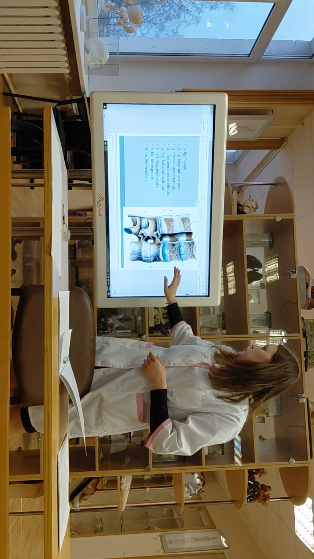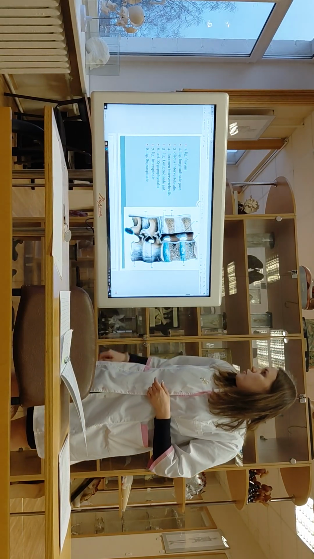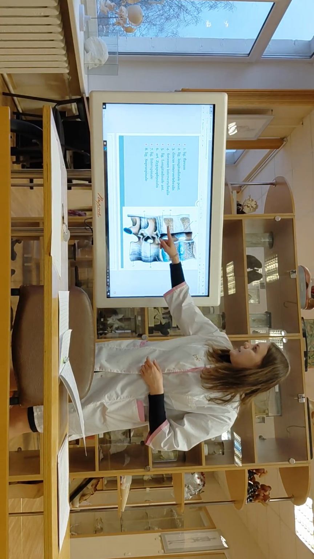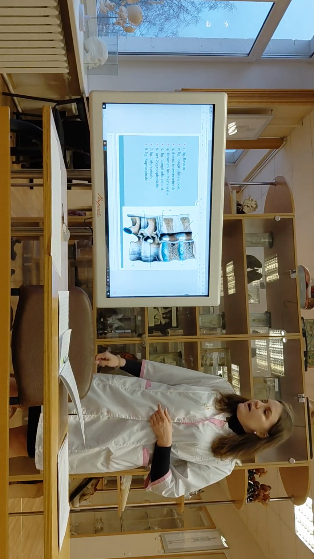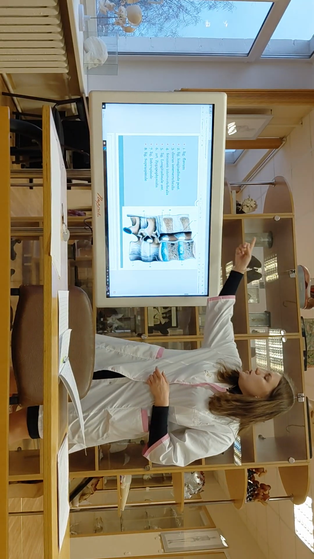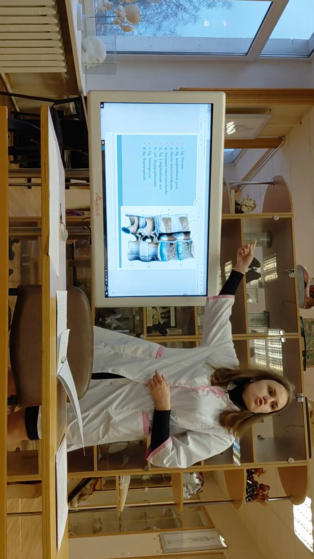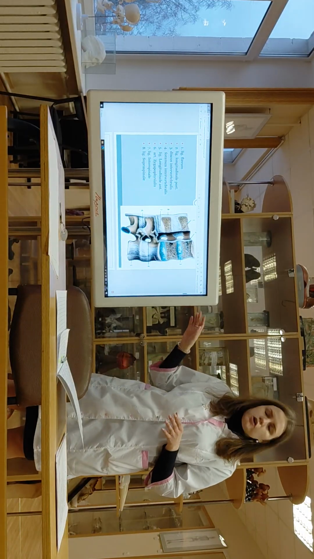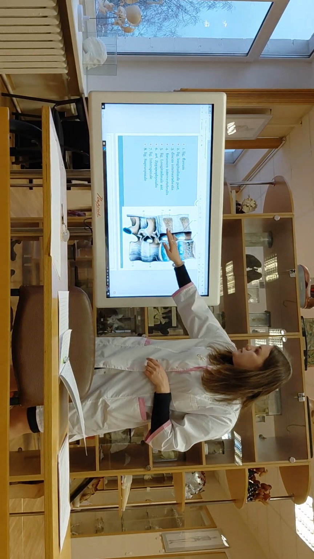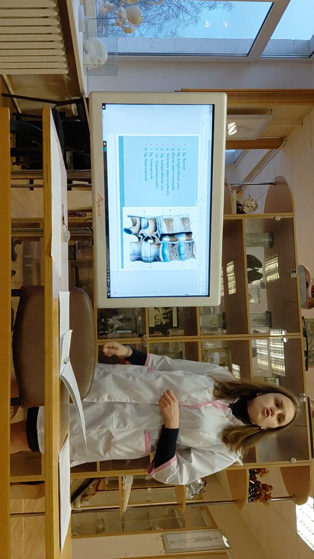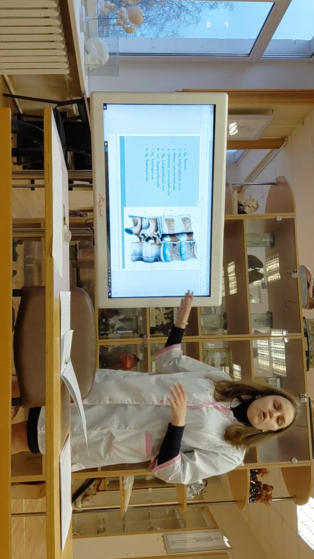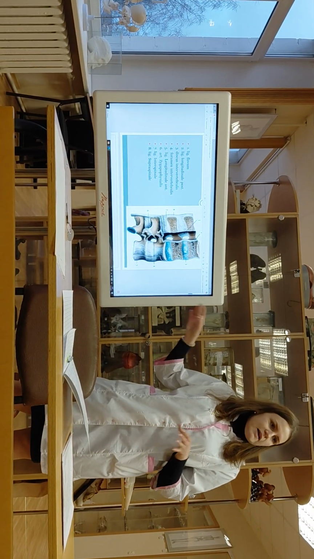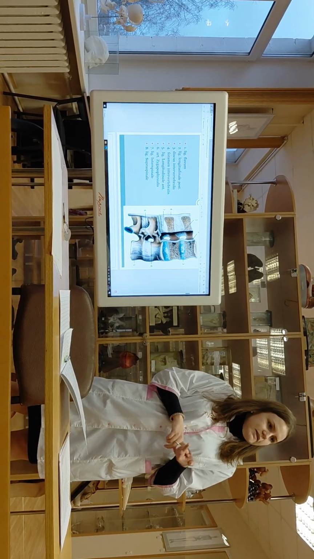And then between the spinous processes we have ligamentum interspinale and ligamentum supraspinale. All of this I will show you in the next class. So the columna vertebralis has a lot of ligaments and discs.